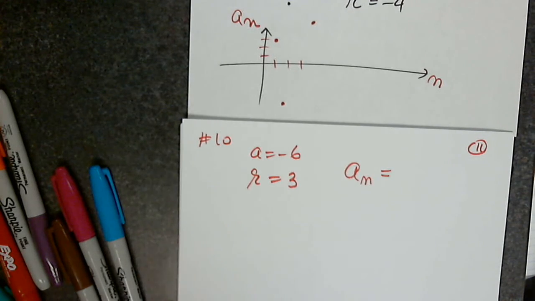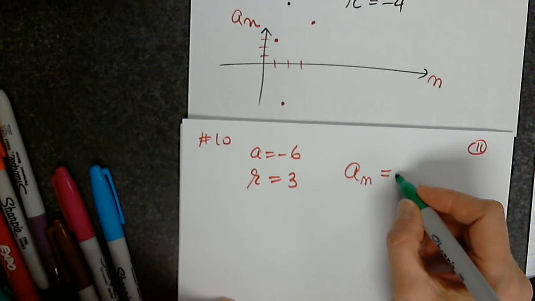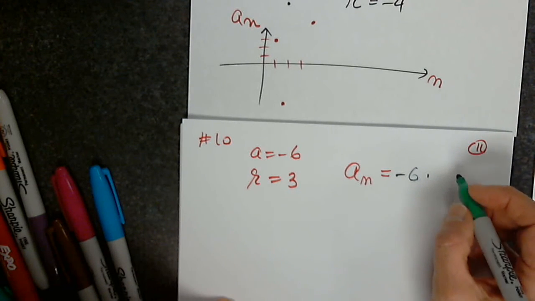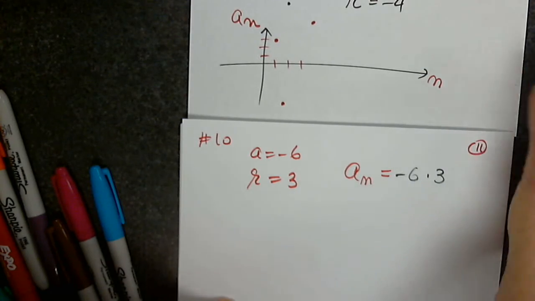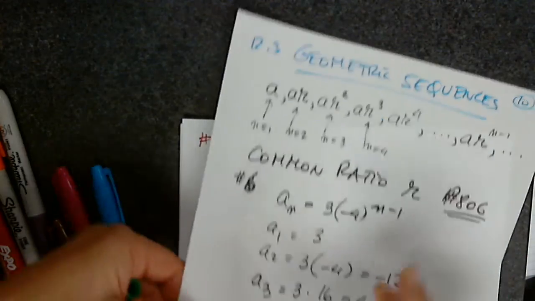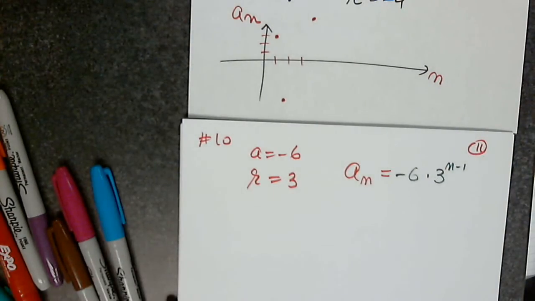So what is A? Negative 6. Good. Multiplied by R. How much is R? 3. Raised to which power? n minus 1. That's it. Don't be tempted to multiply because there is a power there.